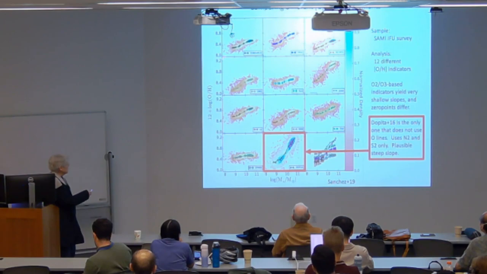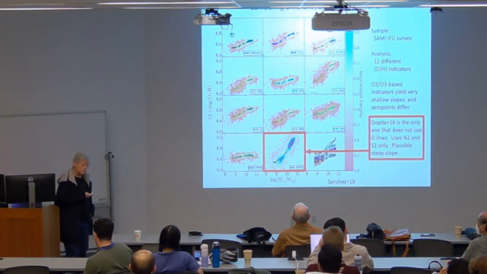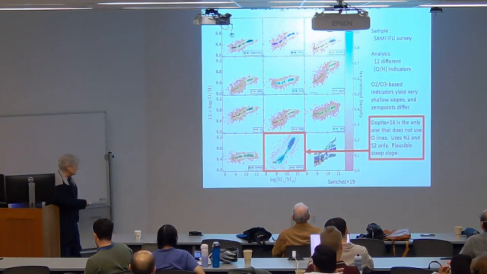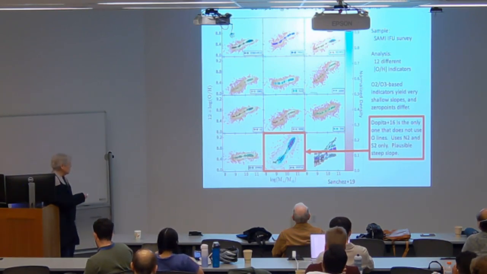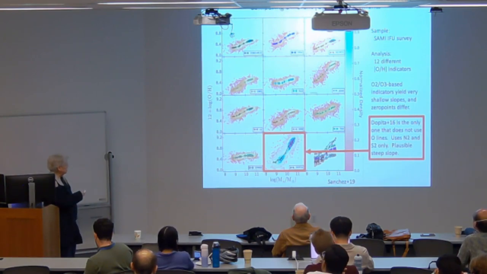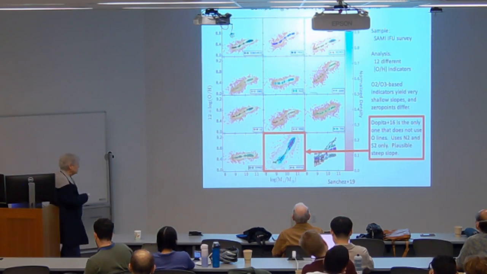First problem is the slopes are very shallow. So when you calculate expected changes in galaxy metallicity as a function of mass here, you expect steeper slopes. And then in addition, there's zero-point differences amongst the various methods, which this whole paper is a discussion of.